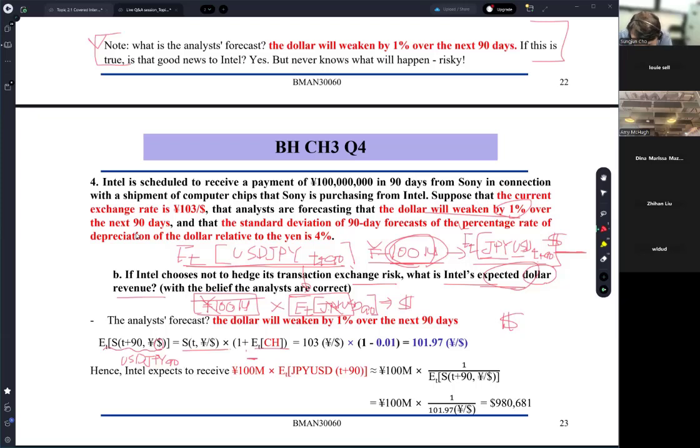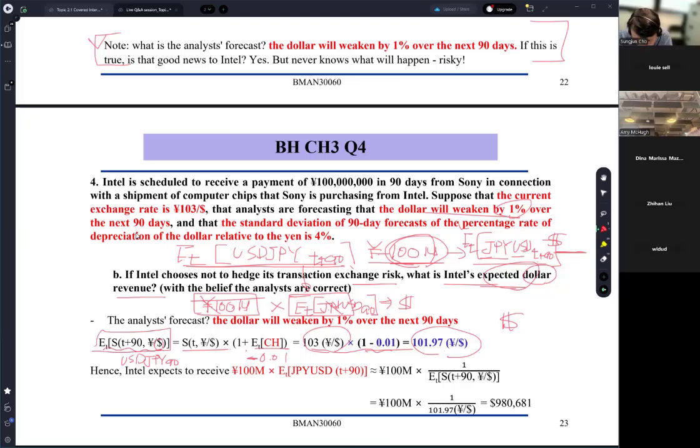The dollar will depreciate by 1%, so minus 0.01. That's what we are computing here. So 103, the current exchange rate, times 1 minus 0.01. This is the analyst forecast about the future exchange rate USD/JPY.